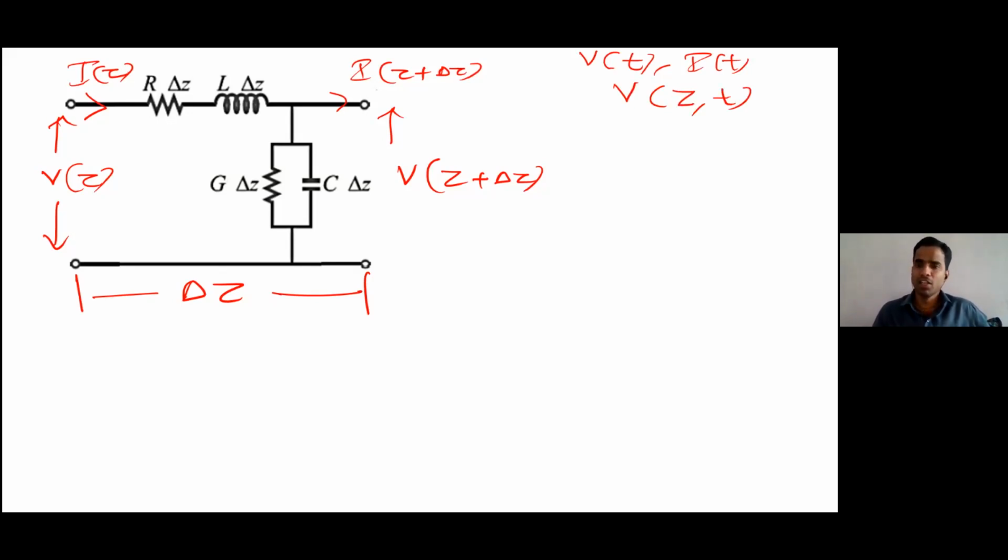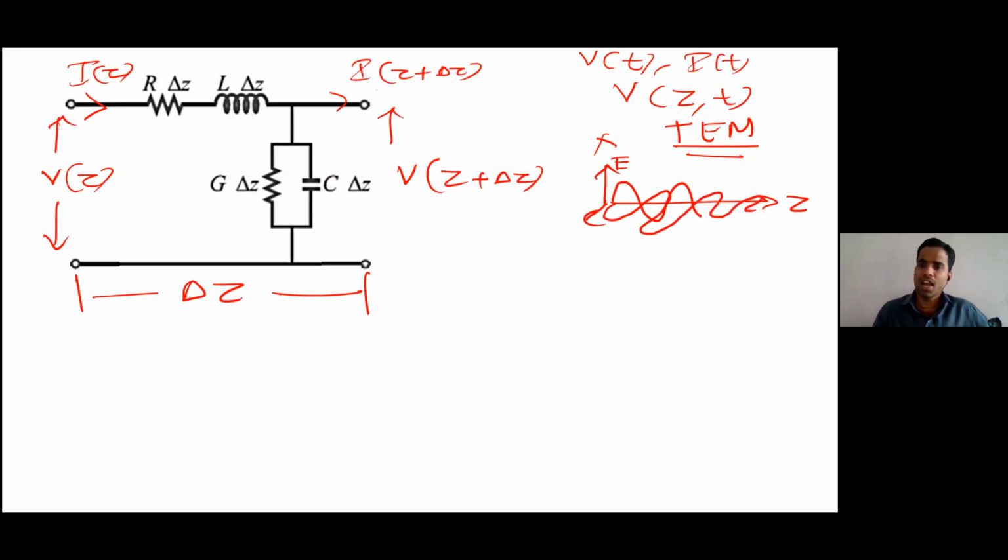Why Z? What we assume is that the transverse electromagnetic wave is traveling in the Z direction. So we assume in the X direction there is an electric field. This is your X. In the Y direction we assume there is a magnetic field, and the wave is traveling in the Z direction.